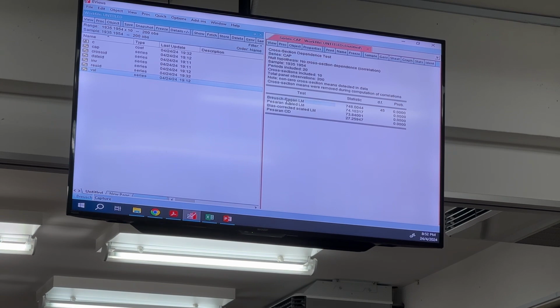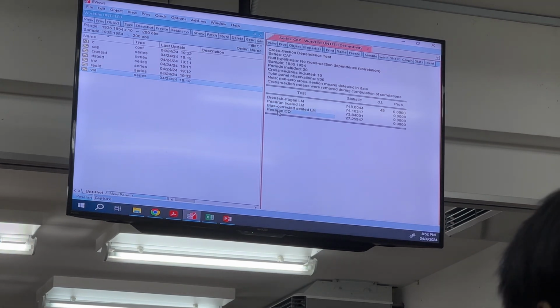Again, similar ideas like the Breusch-Pagan LM test, the Pesaran scaled LM, the bias-corrected one proposed by Baltagi et al. 2012, and the Pesaran CD for the CAP series. This is not for the residual, it is just for the individual series. So now you have two different types of CD tests. One is for the residual, and the other is for the series itself.